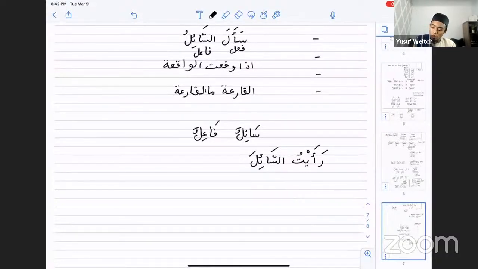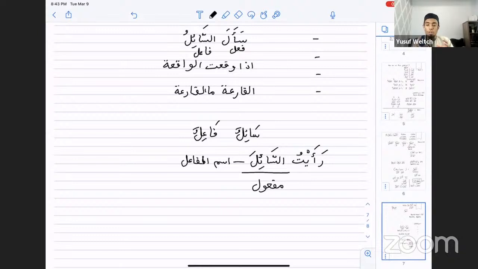So in the context of this sentence, what role does as-sa'il play? Maf'ul. It's the maf'ul, the object. What type of word is as-sa'il? Ism fa'il. Ism al-fa'il. Okay? Does that make sense?